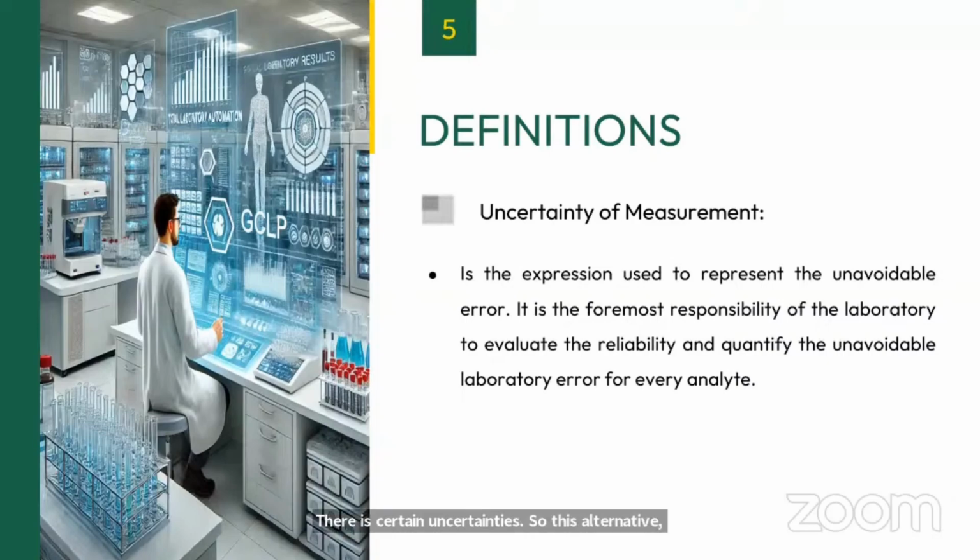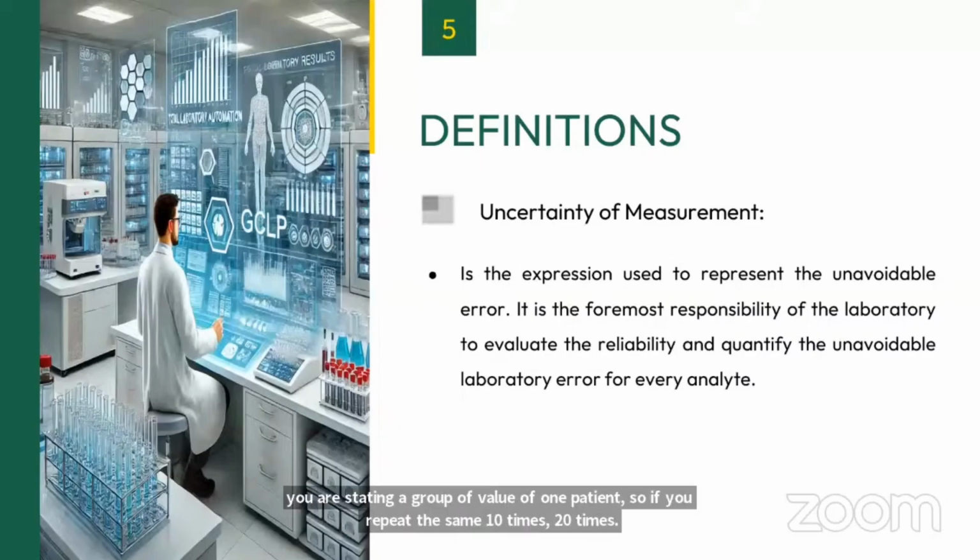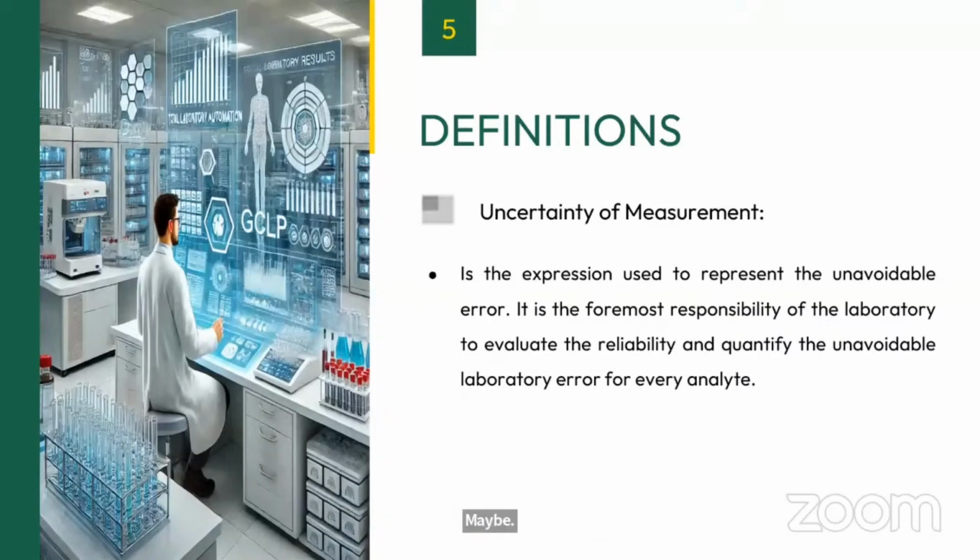So this is the uncertainty of your measurement, because as I mentioned, you may not get the same result. If you are estimating a glucose value of one patient and you repeat the same test 10 times, 20 times, maybe on the first occasion you get a value of 90, next you get 91, again 90, again 90.5, 91.5, 92, 89. So there is a variation in your result.